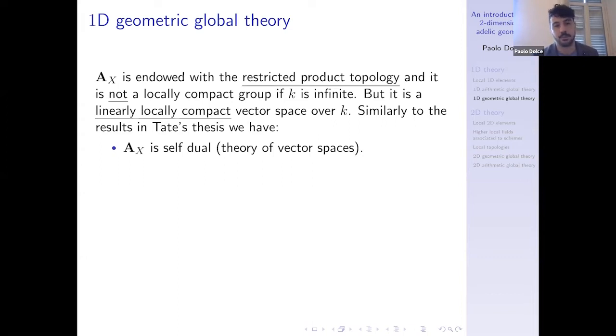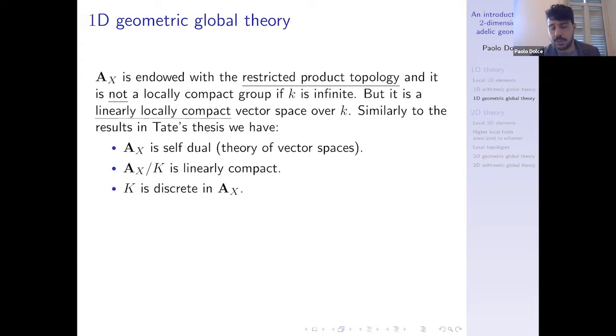So we have to be careful. Of course, we have another notion of dual, and there are some formal differences. So the quotient now is a vector space which is linearly compact in the sense of the description I gave earlier. And also K is discrete in the ring of adeles.